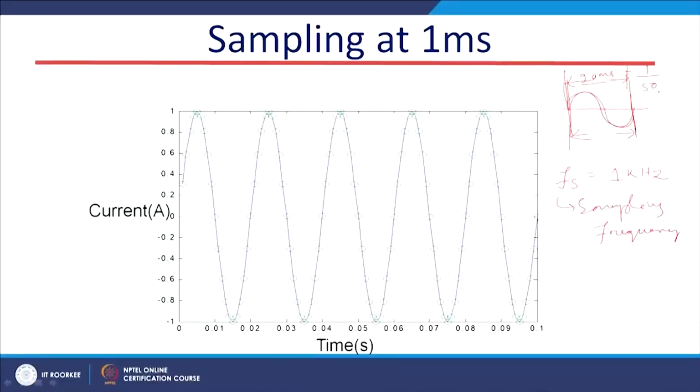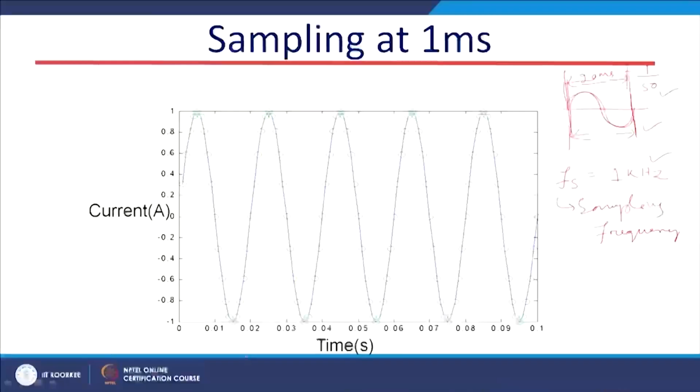So, this fundamental time period is 20 milliseconds, the fundamental frequency is 50 hertz, and for this signal we are taking 1 kilohertz as the sampling frequency. The meaning is we are sampling the analog signal at a rate of 1 kilohertz. So, after every 1 millisecond we get a sample, the digitized version of the analog signal.